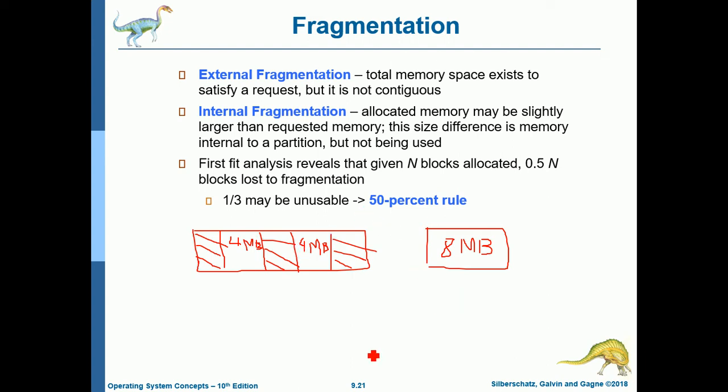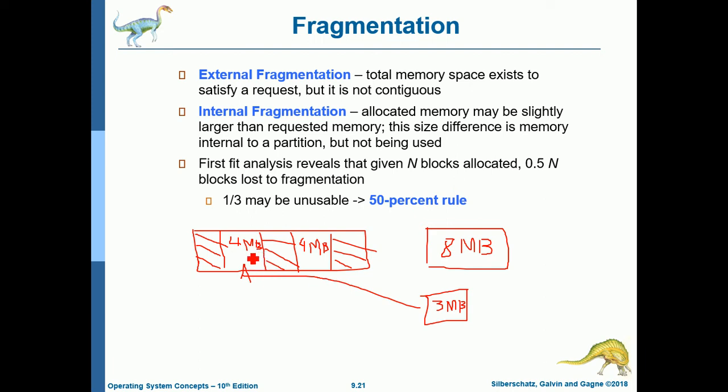So what about internal fragmentation? Allocated memory may be slightly larger than requested memory. This size difference is memory internal to a partition but not being used. For example, we have 4 MB, and we have a process that needs 3 MB. Actually, 3 MB will fit in 4 MB, but it will leave a hole of 1 megabyte.